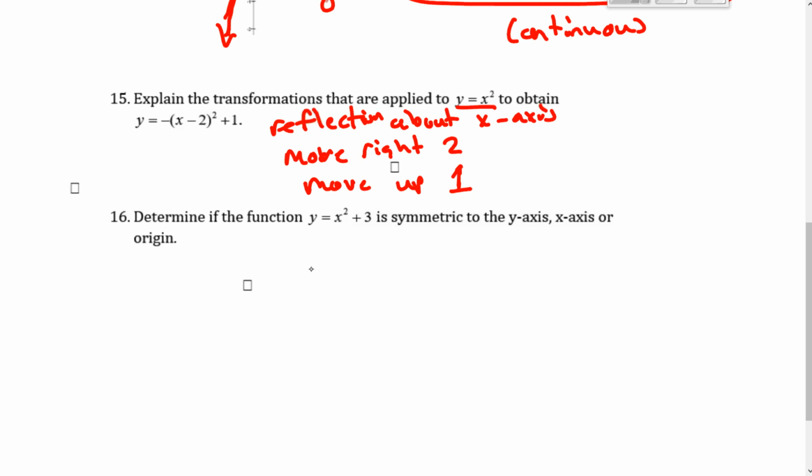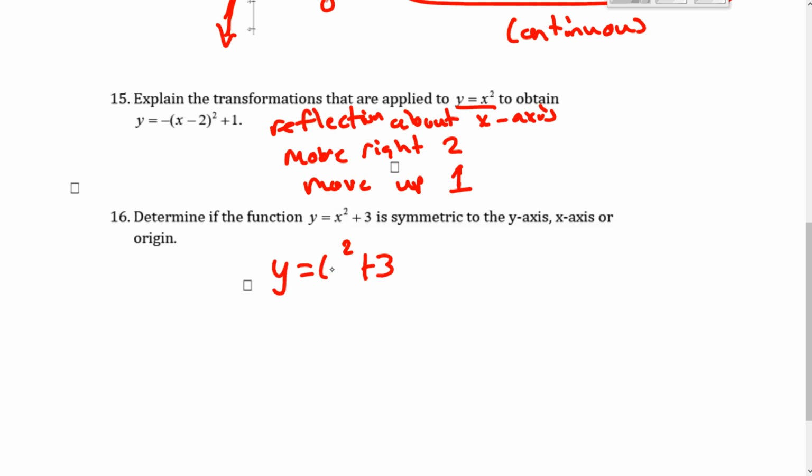Symmetric. So how you test symmetry is you plug in a number for x and solve it, and we're going to see if that equals the result of plugging in the negative of that number. Let's just plug in a number. That'd be easier.